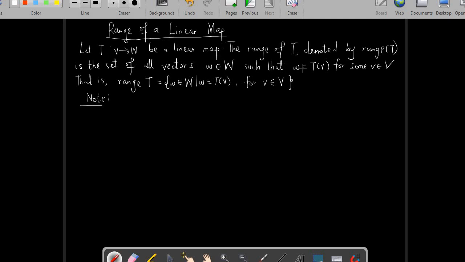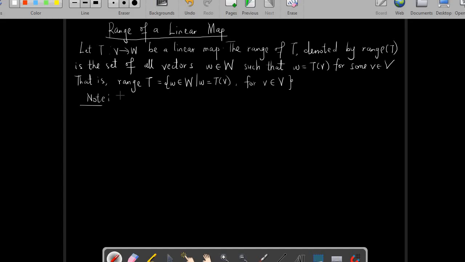Such that w must be equal to T of v for some small v which is an element of V. Mathematically, the range is defined this way: w must be an element of capital W such that w is T of v for v being an element of capital V. So this is how we define the range of a linear map.